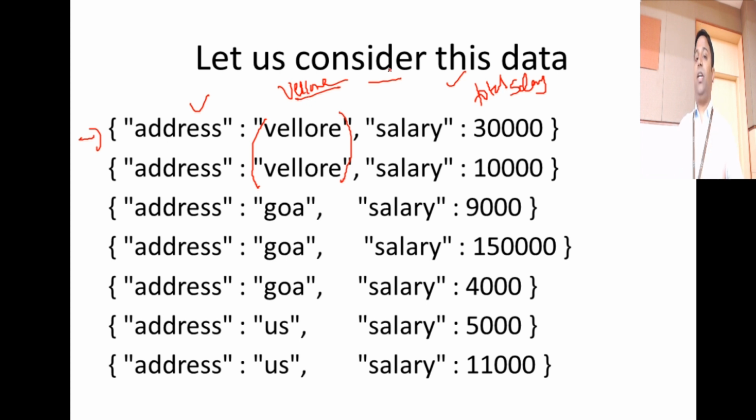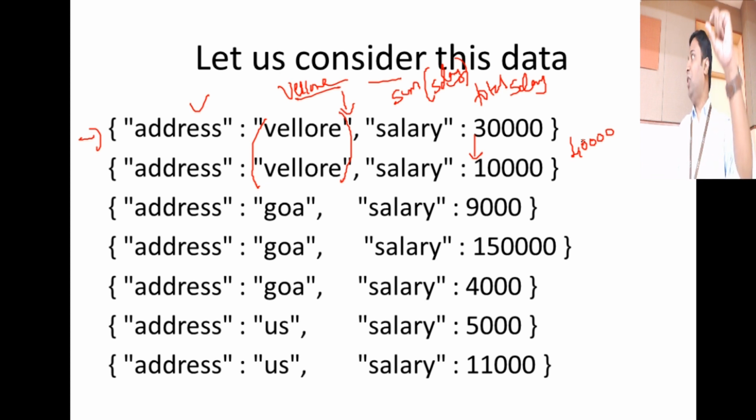And I'll use another function, that is sum. I should find the sum of salary. So what is this sum going to do? It's going to take this group and then find the sum. So the sum is 40,000. Two things are needed when you're working with a group by. One is the ID on which you are going to group records. Here the ID is address, so I'll group records by address.